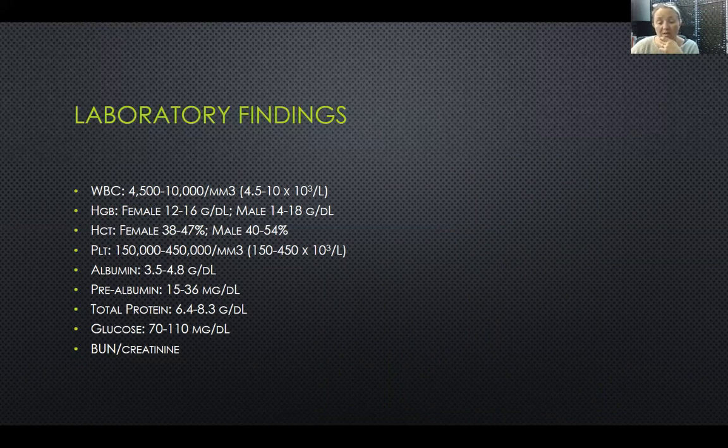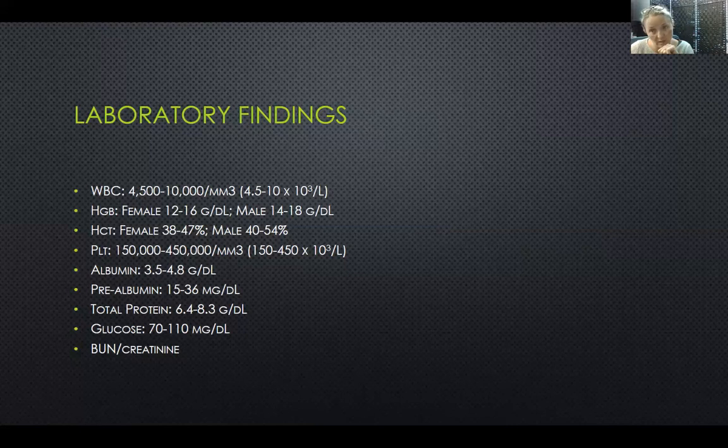Low hemoglobin or hematocrit, you have less oxygen carrying cells, so decreased wound healing. If your patient has decreased platelet count, it can lead to longer time for hemostasis to occur, prolonged healing. Remember, with our albumin, prealbumin, total protein, we are looking at nutrition.